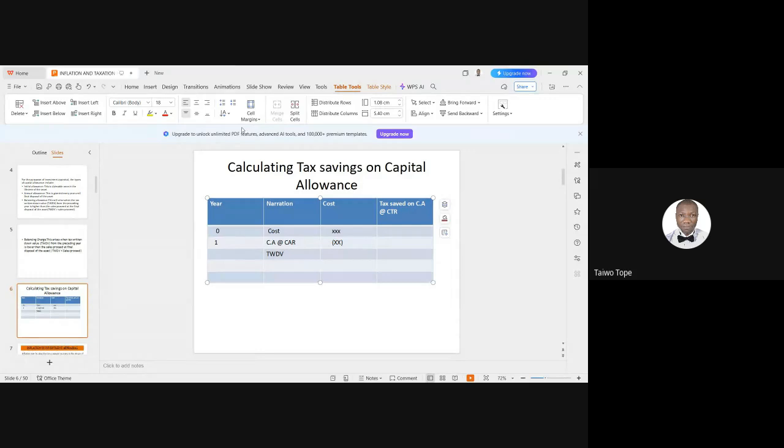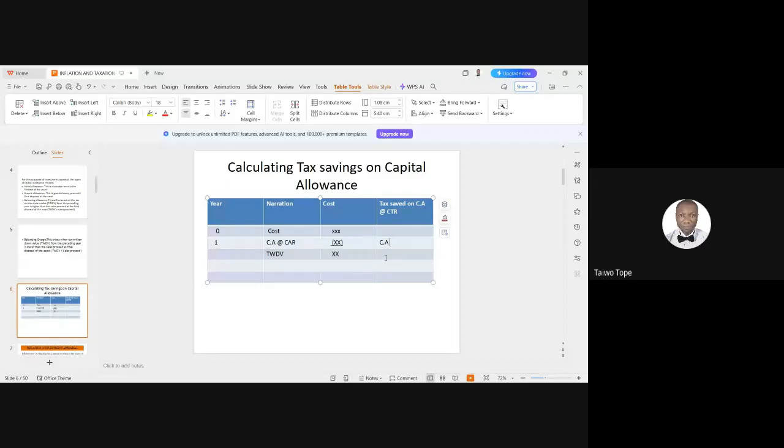Now, for you to get your tax savings, what will you do? You multiply the capital allowance, that is this value here, by the tax rate given.